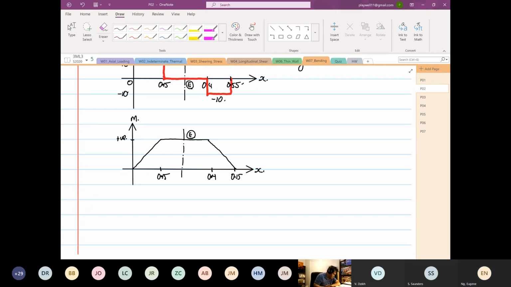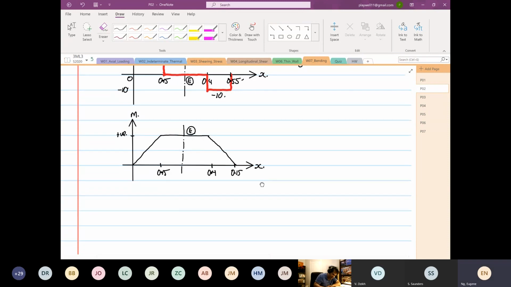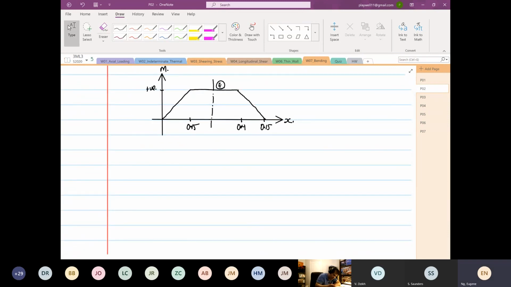So we are going to do static analysis, and draw the diagram from point A up to point E. We know this magnitude is 10 times 10 to the power 3 Newton, and then we have another load coming down.